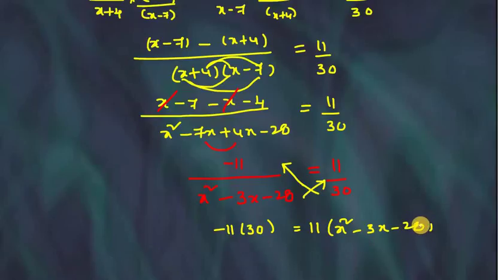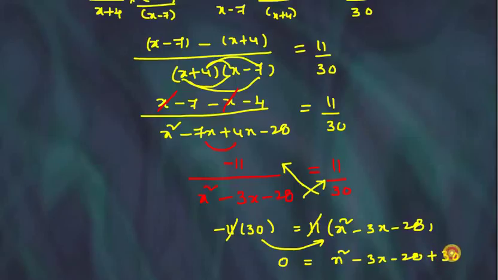So close the brackets. So I can cancel this 11 and this 11. The same quantity multiplying the whole term, I can cancel it. So if minus 30 we take inside, so 0 is equal to x square minus 3x minus 28 plus 30.